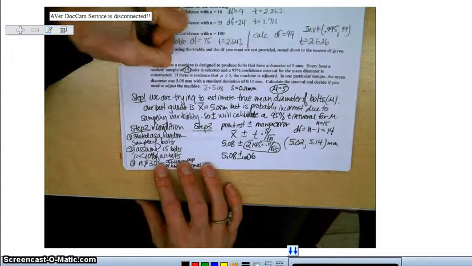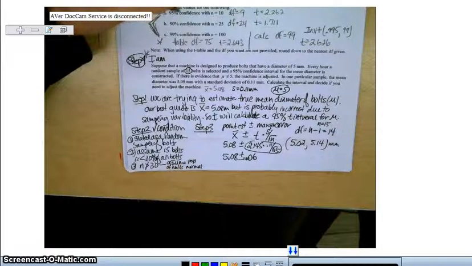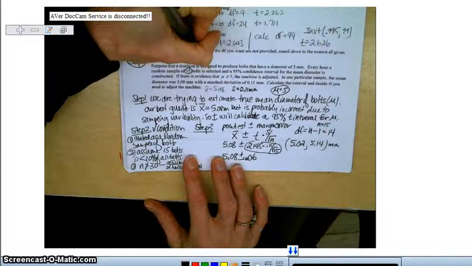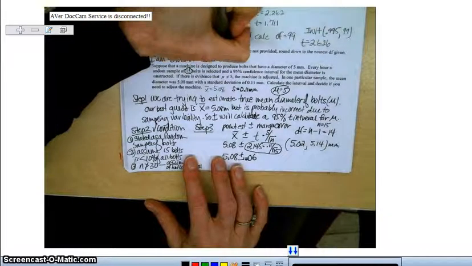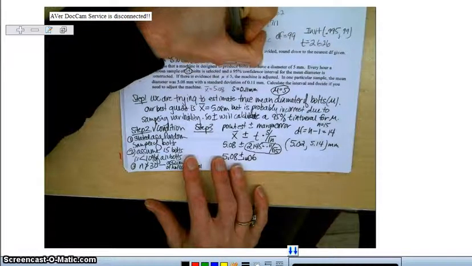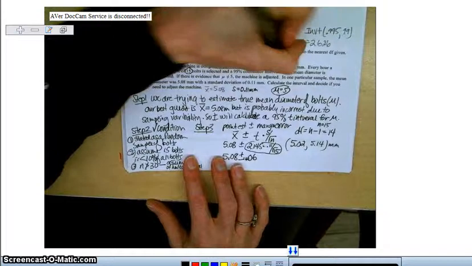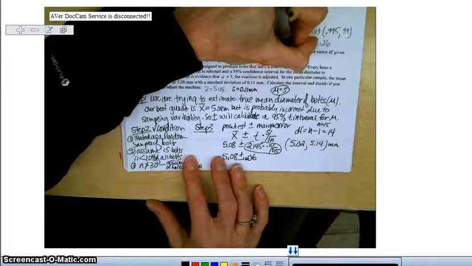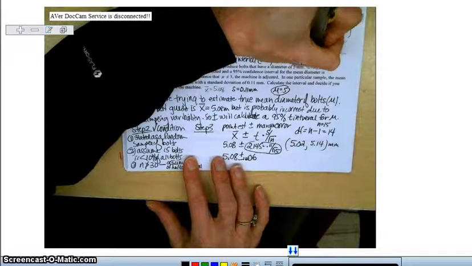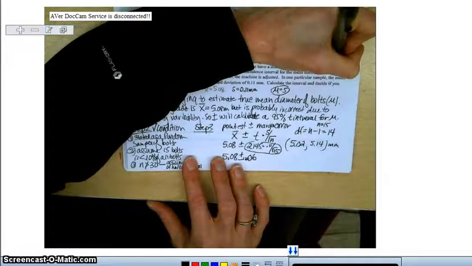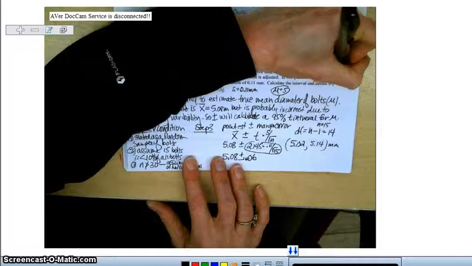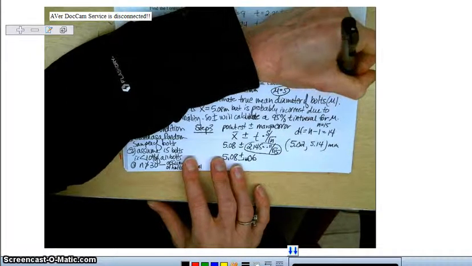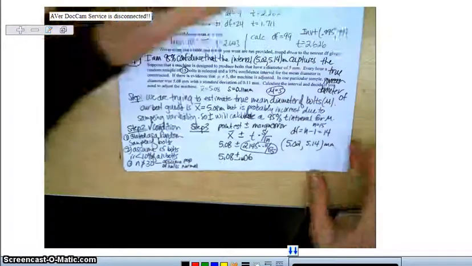So how confident am I? 95% confident that the interval 5.02 to 5.14 millimeters captures the true mean diameter of what?